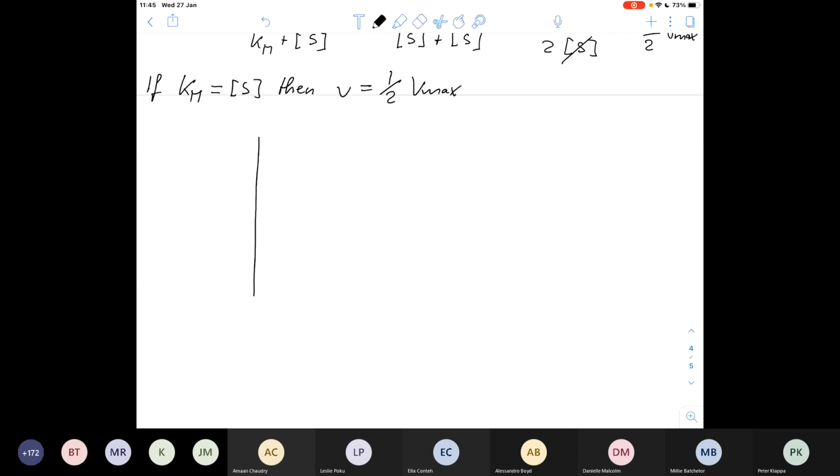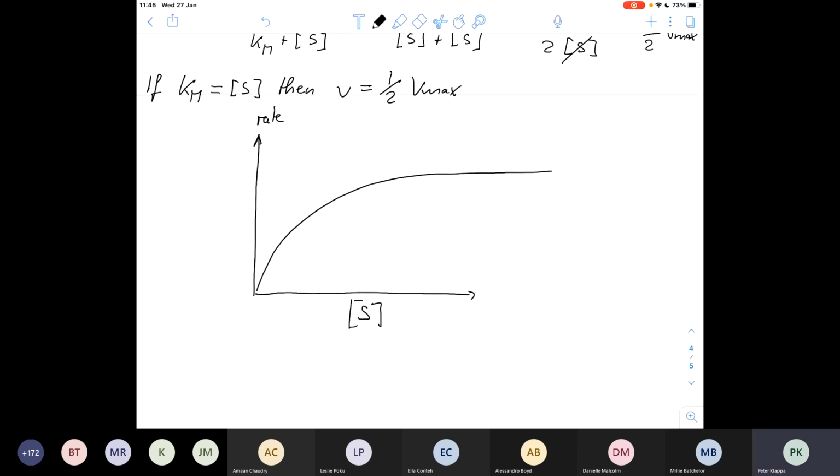So how do we do that? We do our substrate concentration, we do our rate. Here is our Michaelis Menten plot, like that. Yeah, you can do Vmax over 2 Km, but it doesn't help you anything realistically.